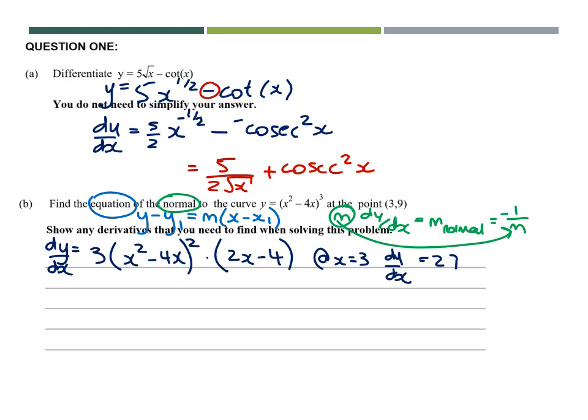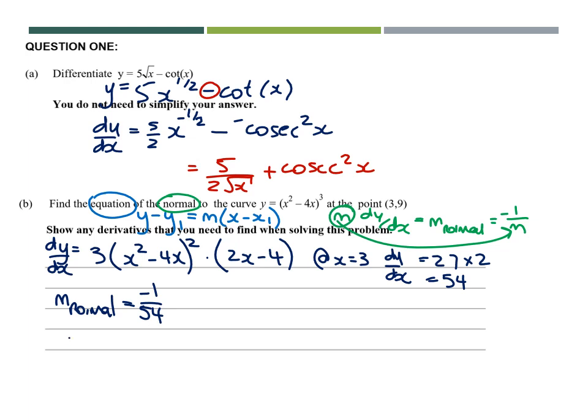Times by 2. 2 times 3 is 6 minus 4, so that's times by 2. So that gives me an answer of 54. Yep. So that means the gradient of the normal, therefore, equals negative 1 over 54. Hopefully you remember that from the green up there.